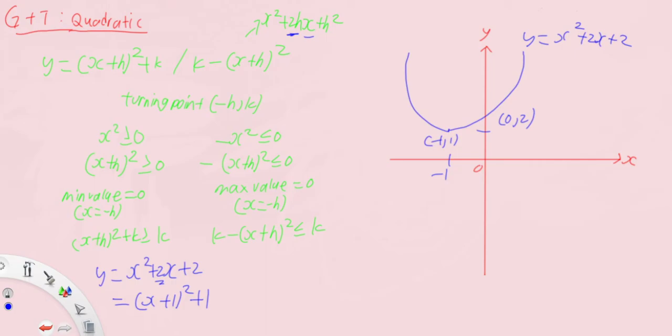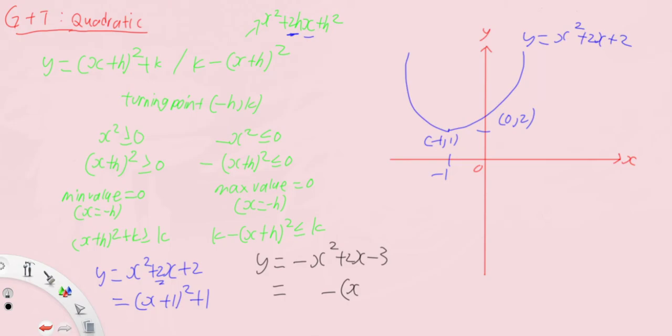Let's take a look at another example. Let's say we have y equals minus x squared plus 2x minus 3. Again, we're going to achieve the form k minus (x plus h) squared. So minus x squared: once again, look at the coefficient of x.